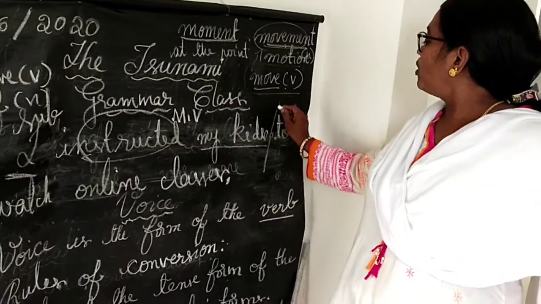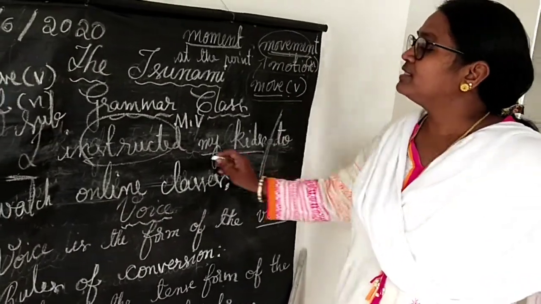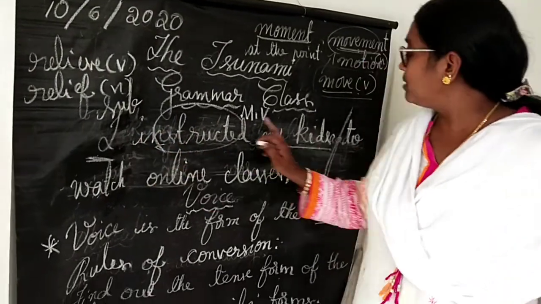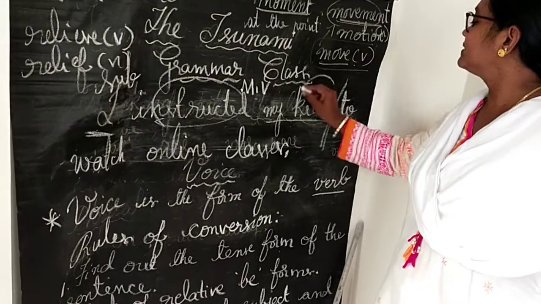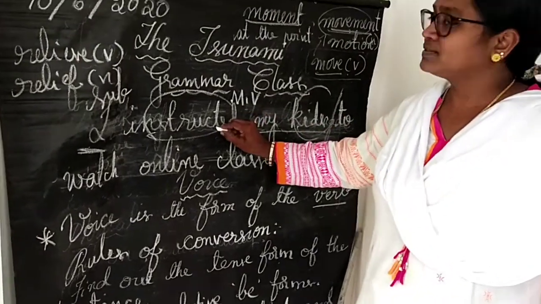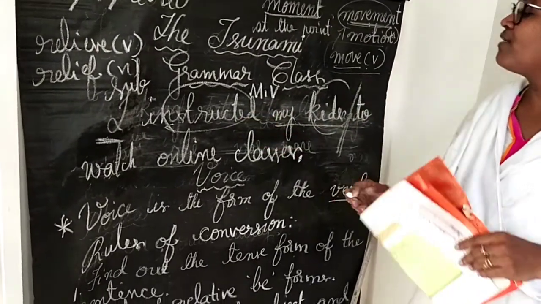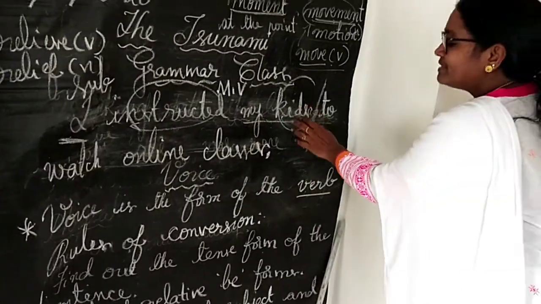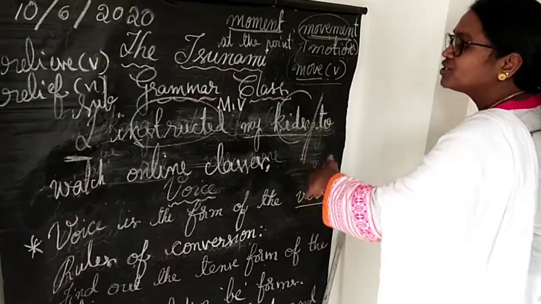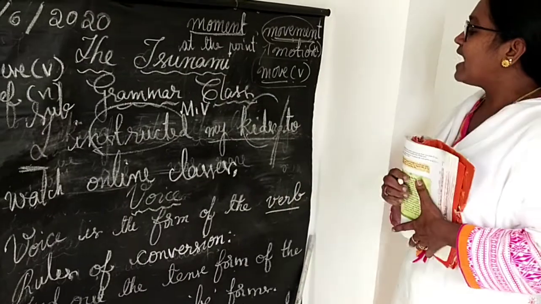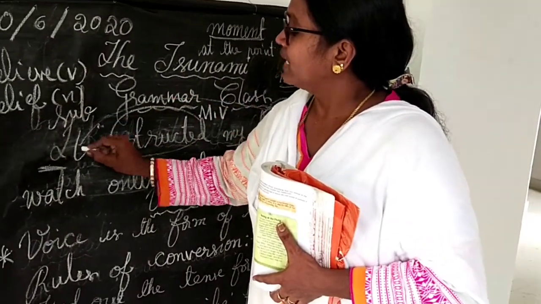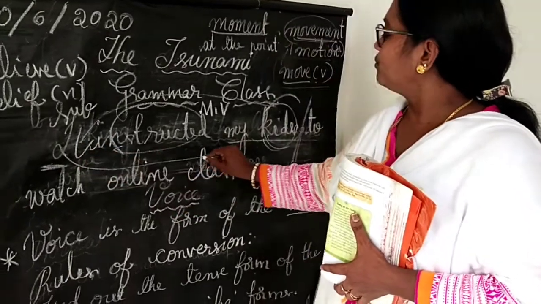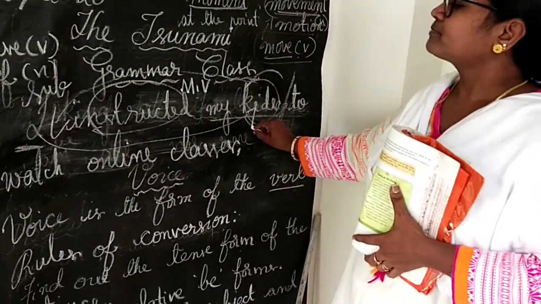This is the object complement. The subject has no complement, but the object has a complement. Understand? Here the object is kids. Main verb is instructed. This is in active voice. If I want to change from active to passive, I have to take kids to the subject part. I should bring I to the object part.